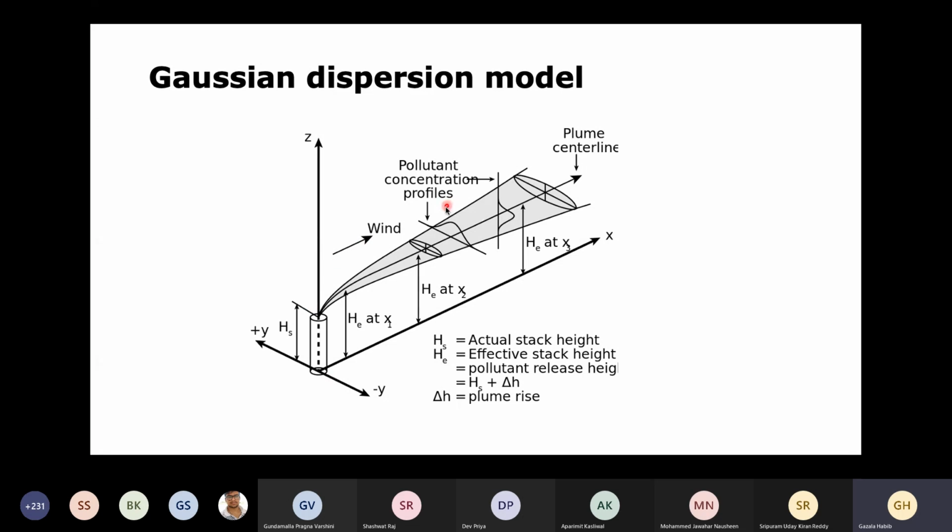Wind is blowing in the x direction. The center line of the plume is shown here, and the Gaussian distribution of pollutant concentration in the y and z directions.